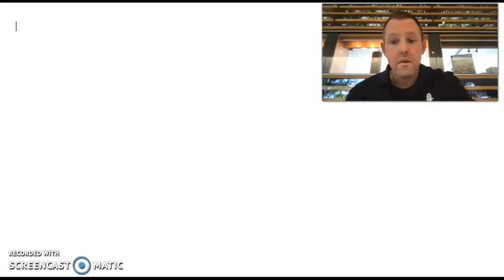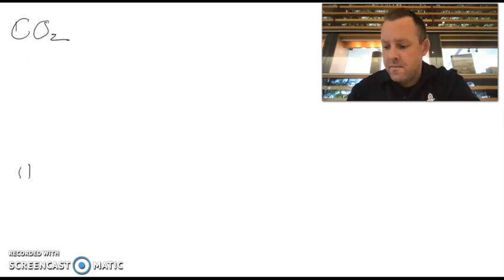So the next thing we want to be able to do is draw these structures. So we'll look at two of our most common ones. We'll have a look at carbon dioxide, so CO2, and we'll also have a look at water, so H2O.